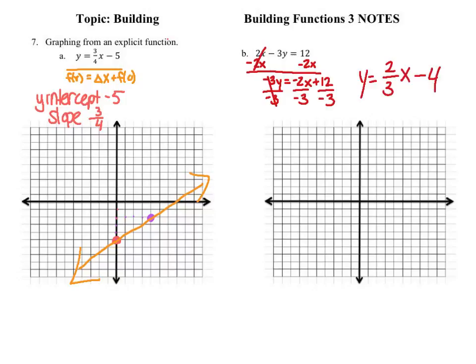So now, my y-intercept is negative 4, and my slope is 2/3. So if I go up here to graph it, my y-intercept is negative 4, and my slope is going to be 2/3, so I start here and go up 2, and then over 3. So this is the graph of the equation.